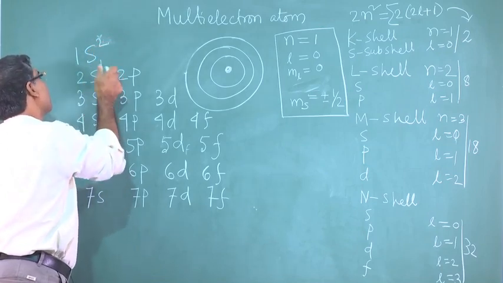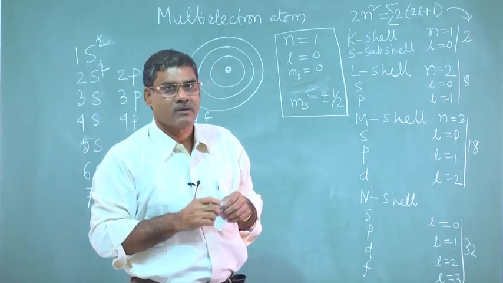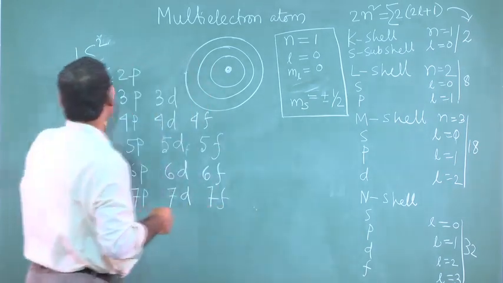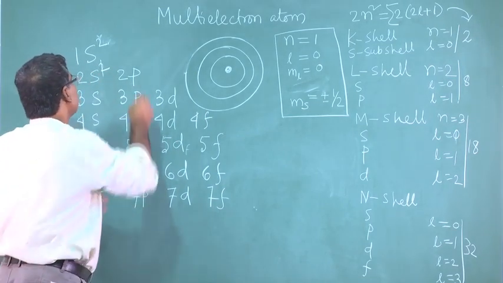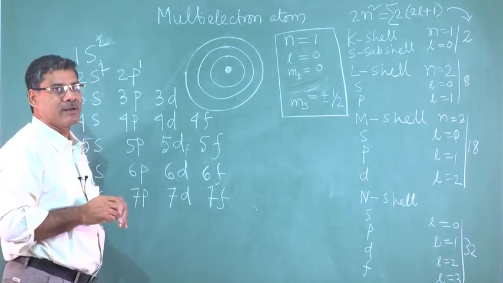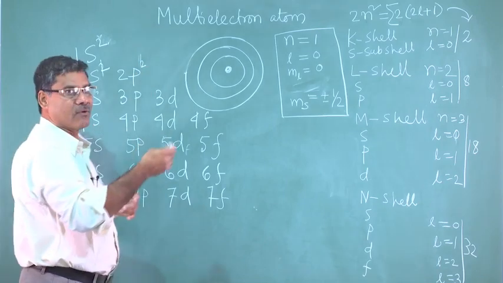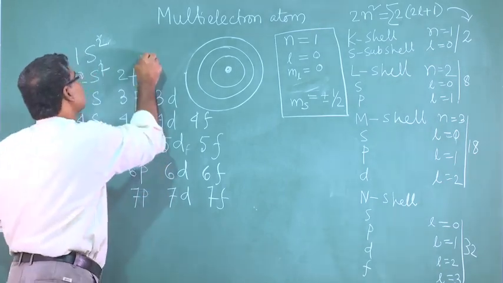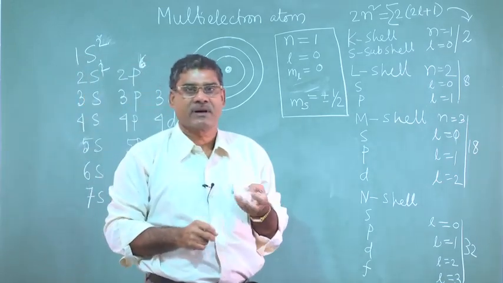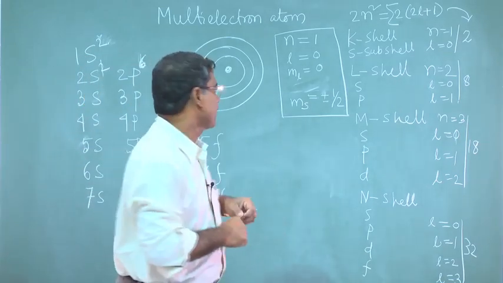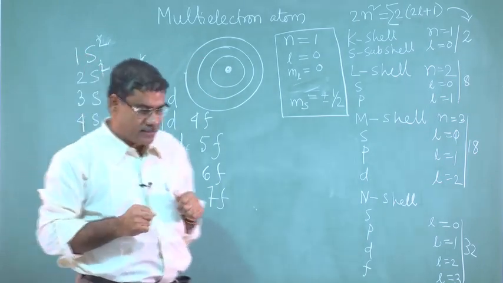For beryllium, 4 electrons, so I can put 2 here. This way, then boron, one more electron here, then carbon. So, I can put 2 electrons, then 3, 4, 5, so up to 6 electrons I can put here. That is the electronic configuration of neon, 10 electrons: 2, 2 and 6, 10 for neon.